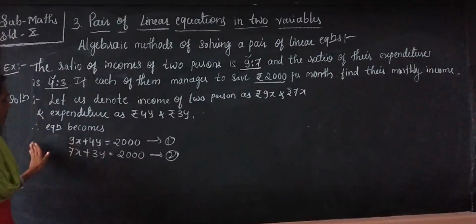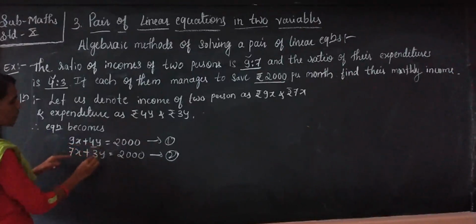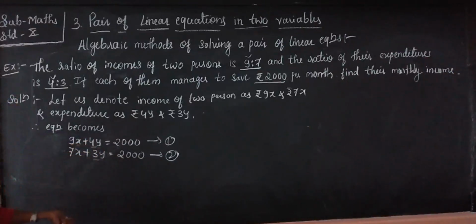So 9 and 7 are not multiples of each other, so we can't simply multiply equation 1 by 7 and equation 2 by 9. Better, we can cancel the y terms, because 4 and 3 are smaller values. Yes or no?